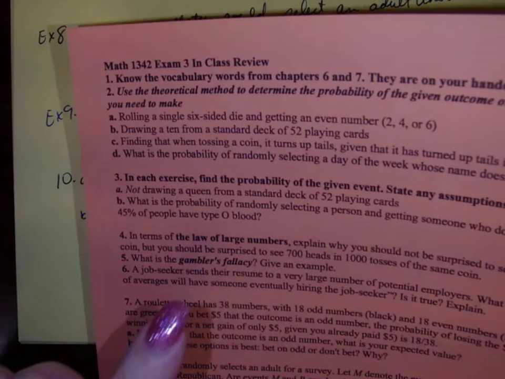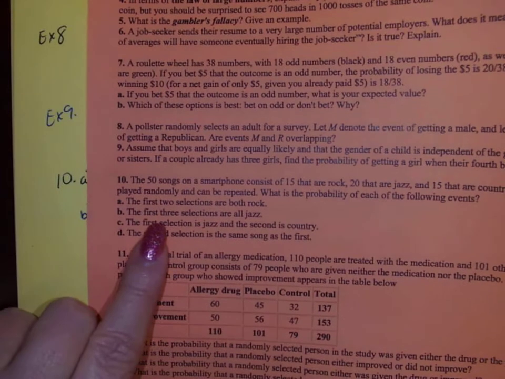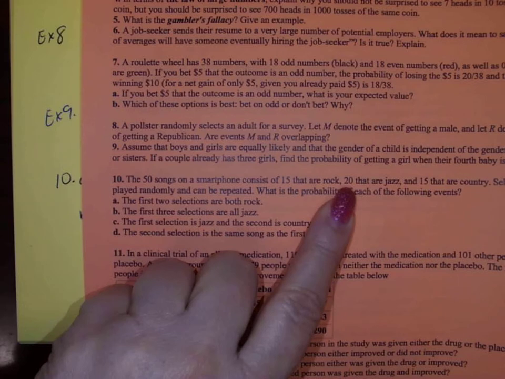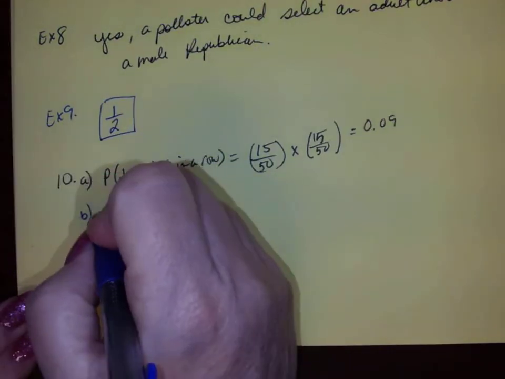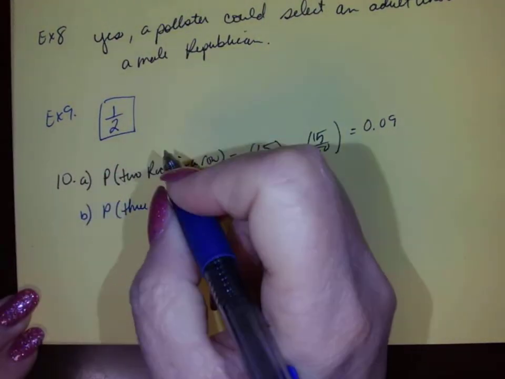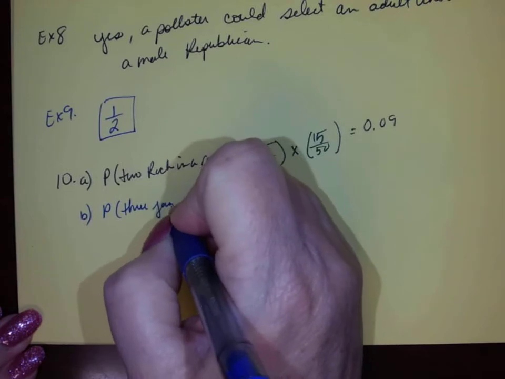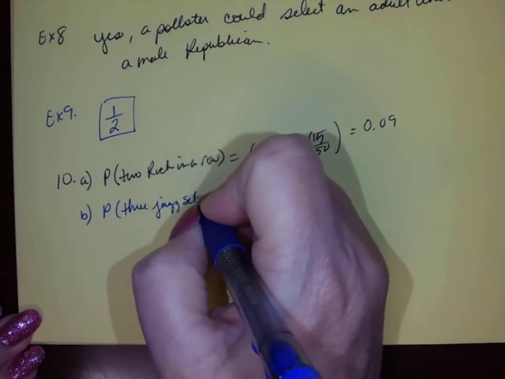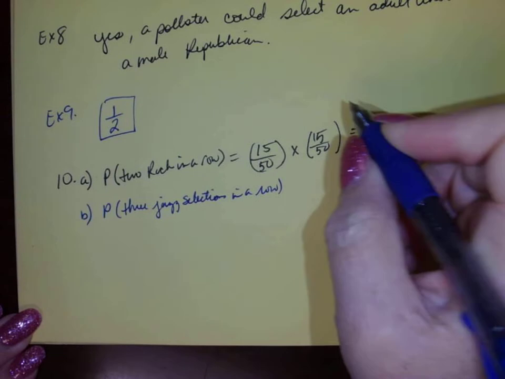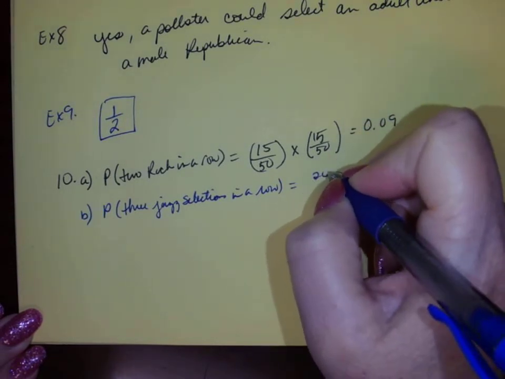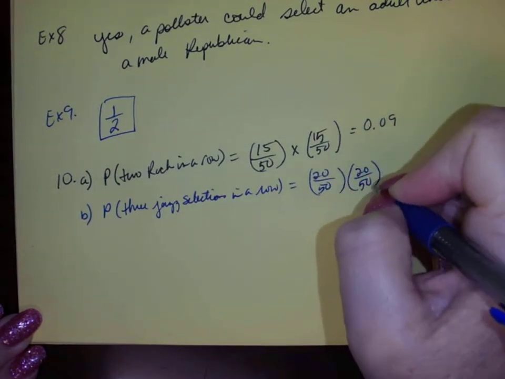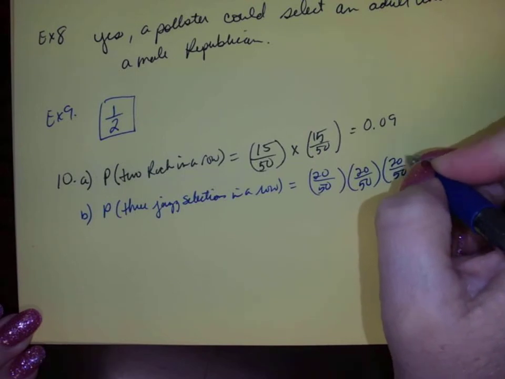So part B says the first 3 selections are all jazz. Well, jazz has 20 out of 50. So the probability of 3 jazz selections in a row will be equal to 20 out of 50 times 20 out of 50 times 20 out of 50.